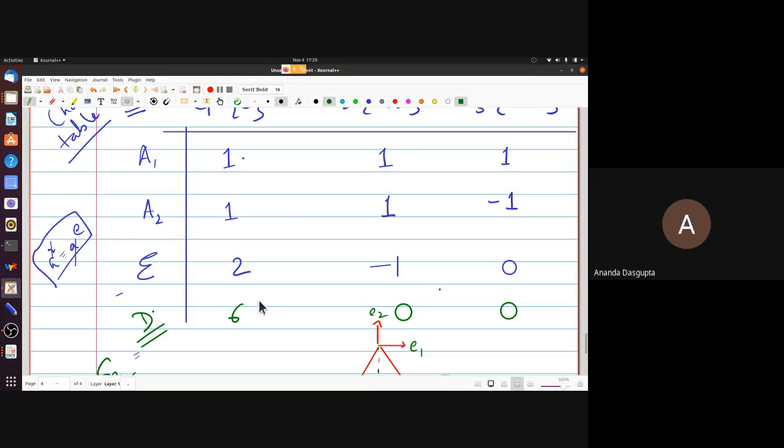This representation is not the regular representation, but it has the same characters as the regular representation, right? Mod G. It has to be 1, 1 and 2. This has to come once. This has to come once. This has to come twice.